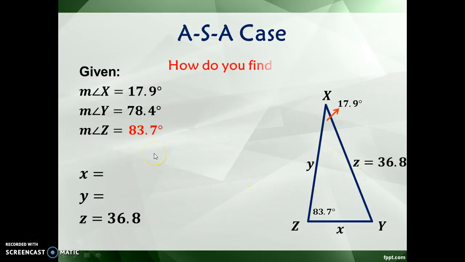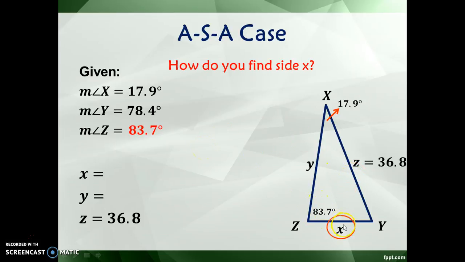How about side x? How do we find side x? So I repeat, we always use the angle opposite the given side as our reference ratio.